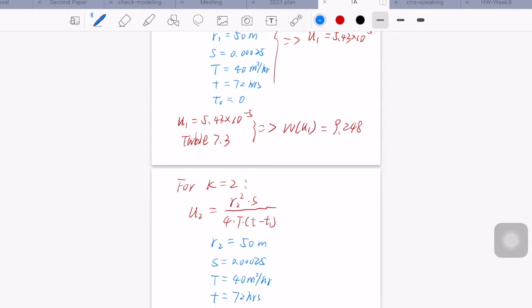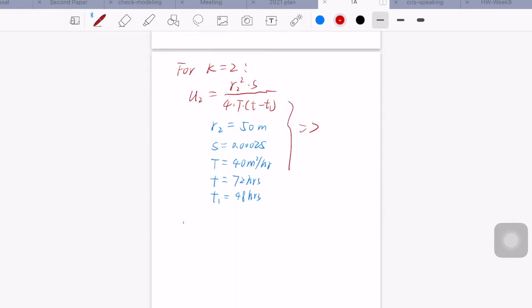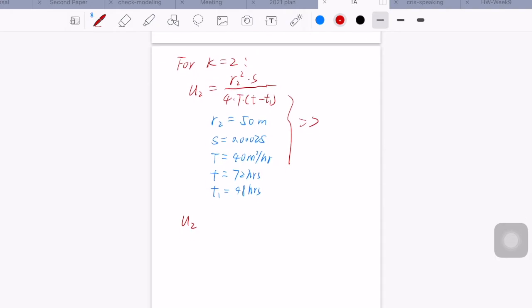And the T1 is 2 days, is 48 hours. So now we can determine that the U2 is 1.763 times 10 to the power of -4. And from the table 7.3, we can determine that W of U2 is 8.196.